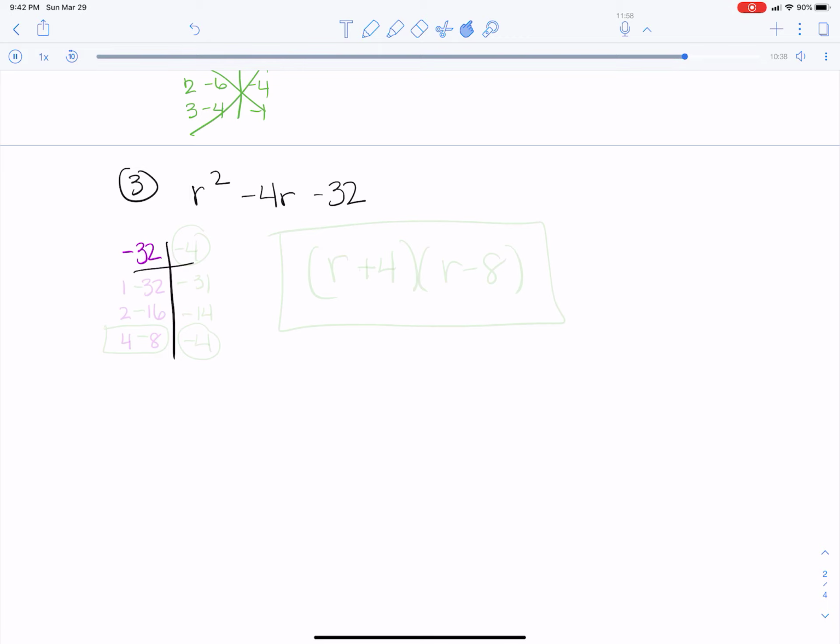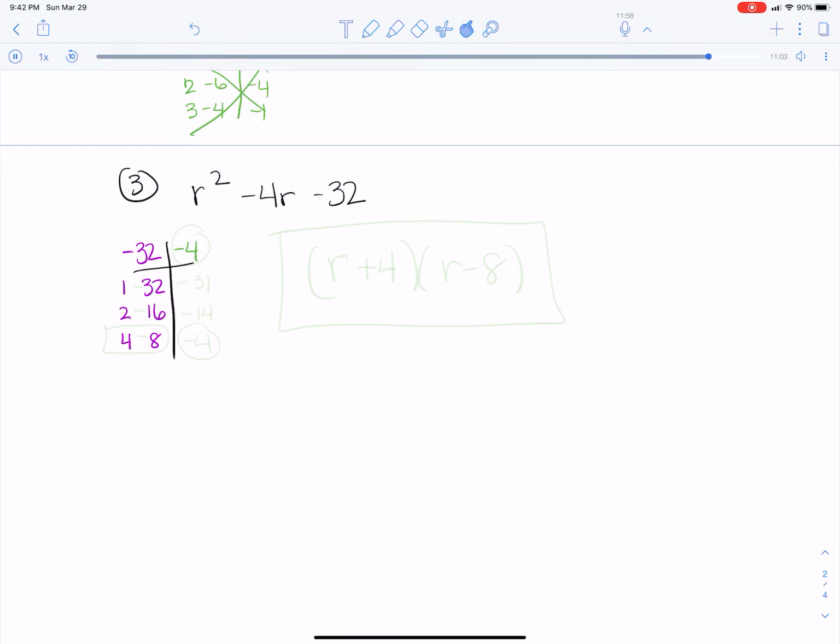So let's list our factors of 32. We have 1 and 32, 2 and 16, and 4 and 8.